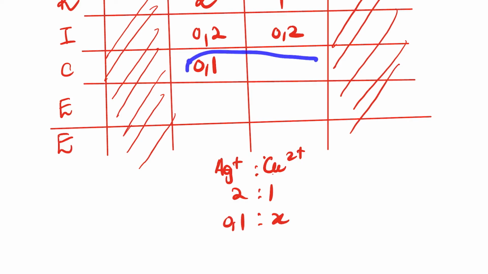We're doing a mole ratio for this, so we cross multiply with 2x. It's going to be x is equal to 0.05, so it's 0.05 there.